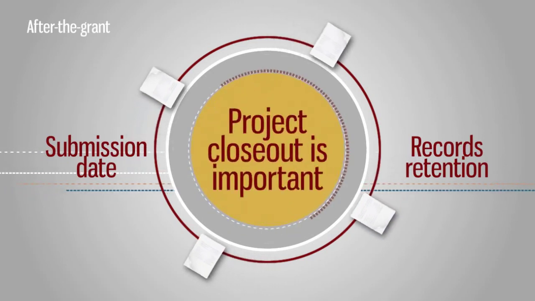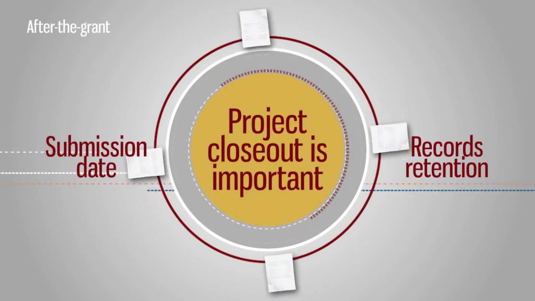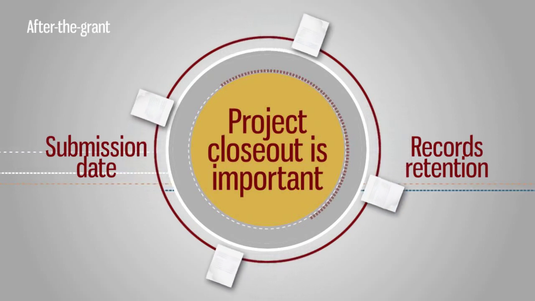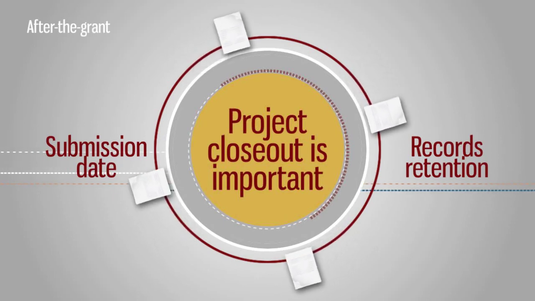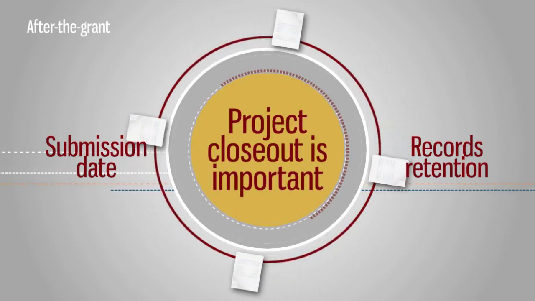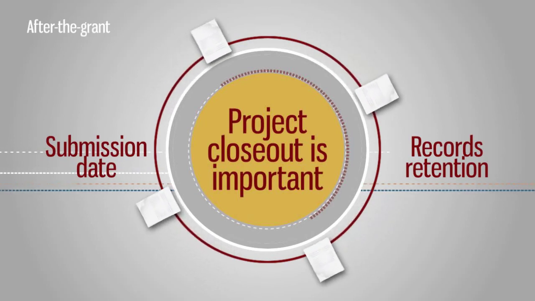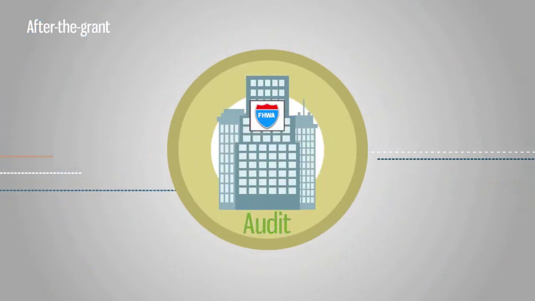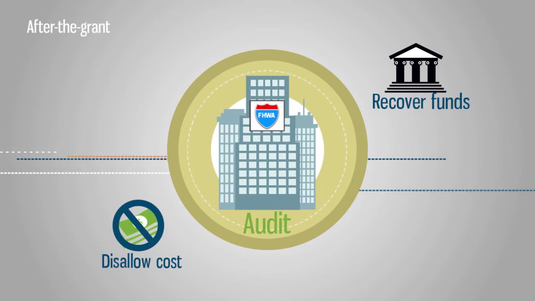It is important to close out the project so it doesn't get labeled as inactive, as this will bring about additional reporting requirements. Closing out a project also has the benefit of releasing any remaining funds, which can be used to authorize new projects. Finally, the awarding federal agency has the right to disallow costs and recover funds based on an audit or other review.